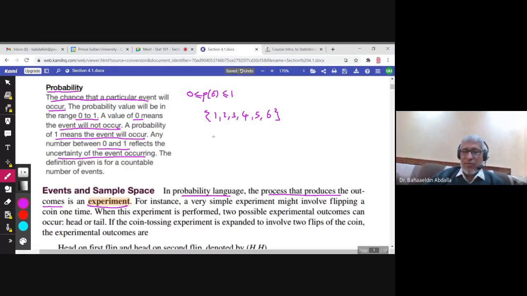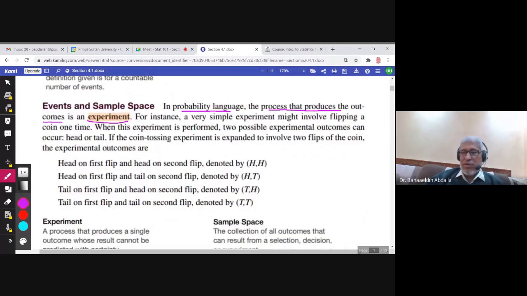That was the experiment. This experiment produces an outcome. What would be the outcome? The number of points could be 1, 2, 3, 4, 5, or 6. So these are the outcomes. A very simple experiment could be to flip a coin once.